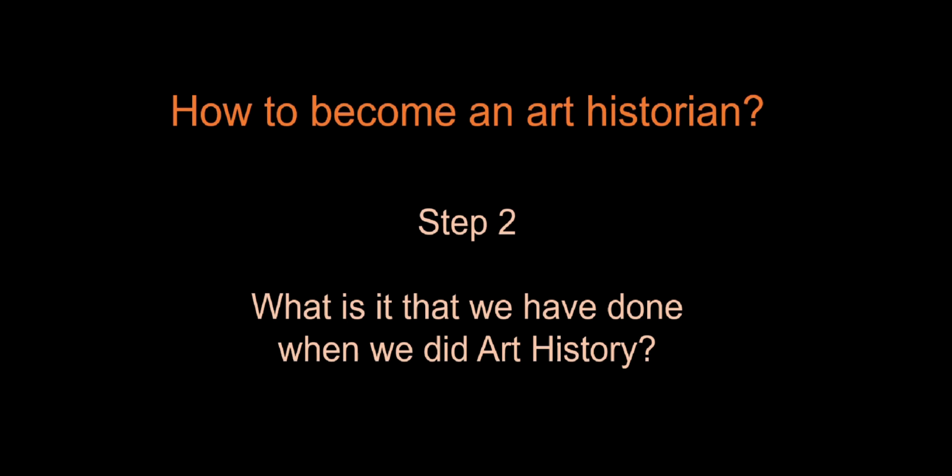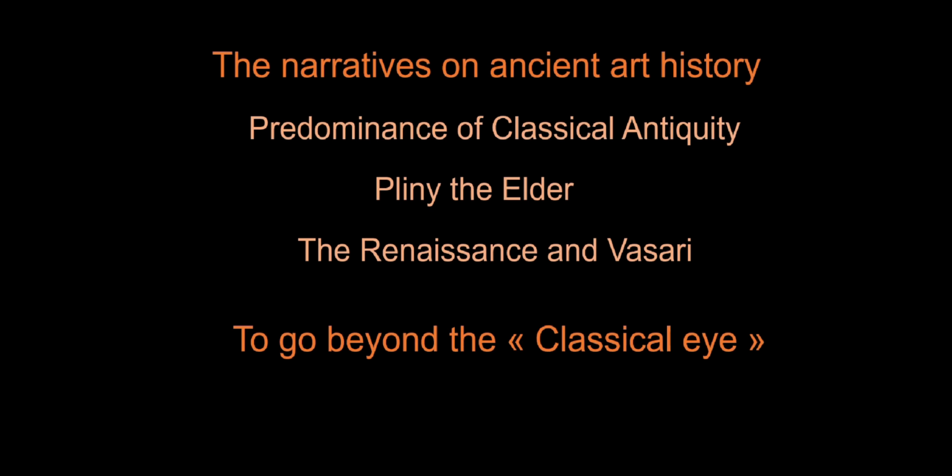In the second video, following the idea that the notion of art is relatively modern, we have seen that when practicing ancient art history, there is a necessity of dismantling the inherited aesthetic narratives which designate what is art and what is not. I do believe that the necessary dismantling is particularly important when we do ancient art history that is not classical art history.